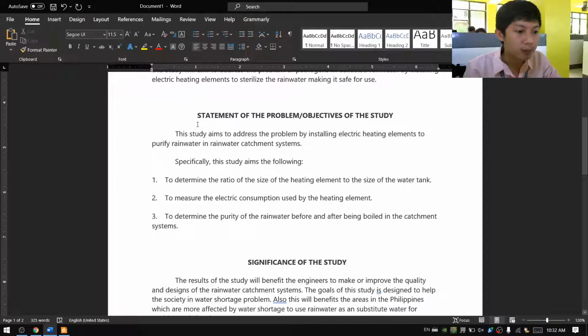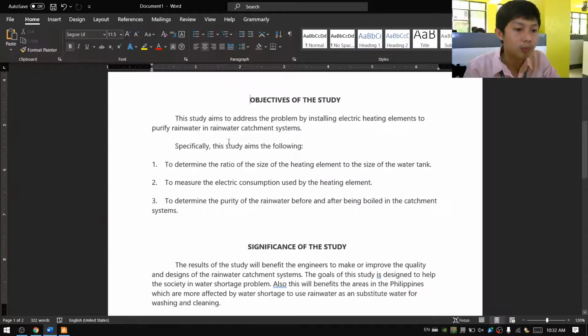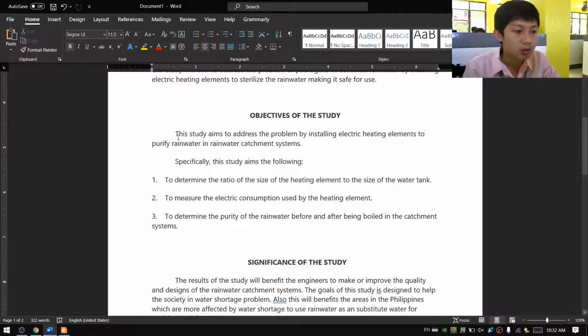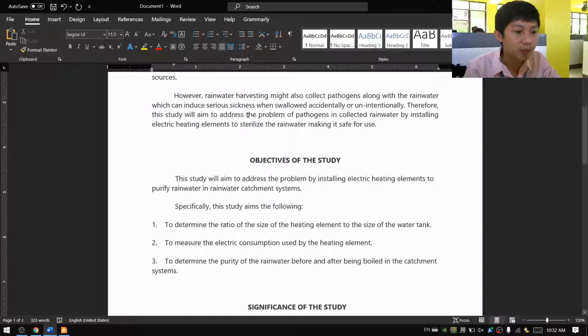Statement of the problem. So, objectives. Not really statement of the problem. This is objectives of the study, rather. So, this study will aim to address the problem. No, don't say it. You copy again. The problem of pathogens with rainwater.